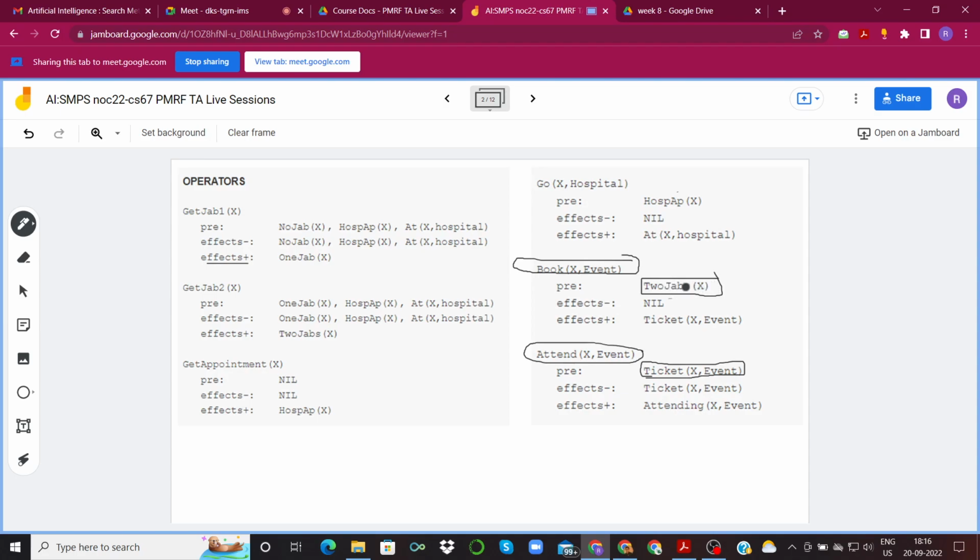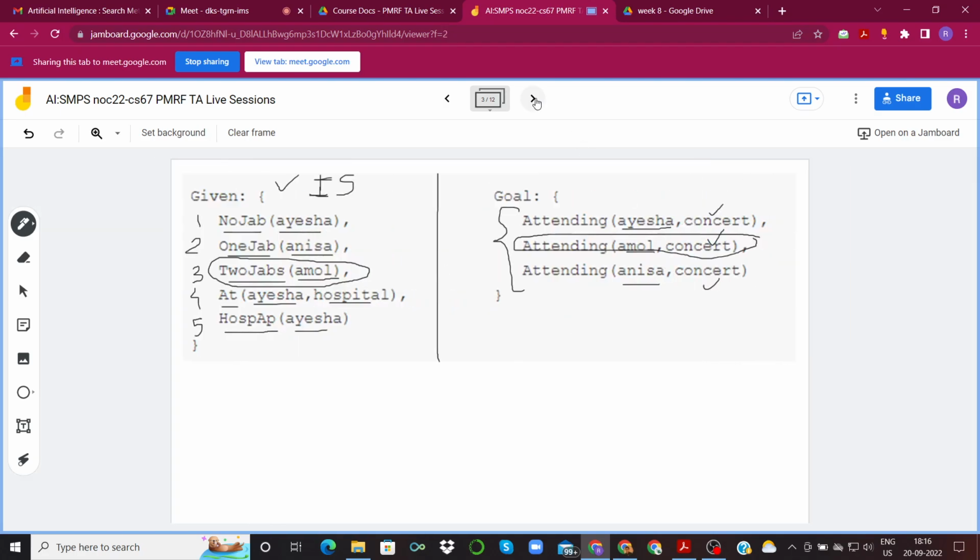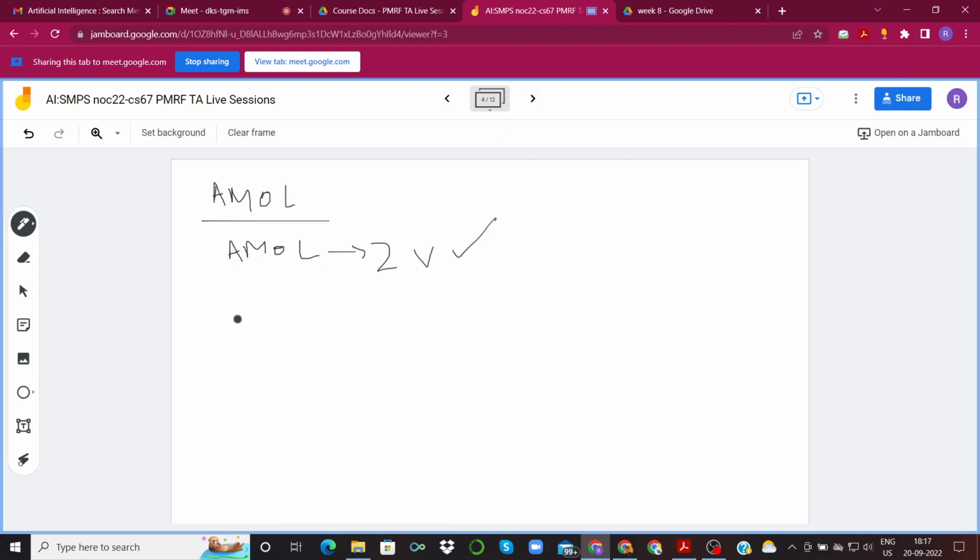Now we know that for Amol, 2 jabs is true, right? This is given to us. So he'll straightforwardly use the book operator, and then he'll book the ticket. And what will be the effect of booking the ticket?